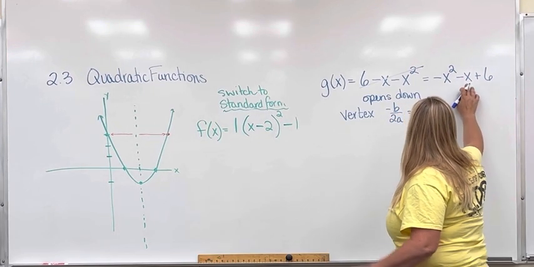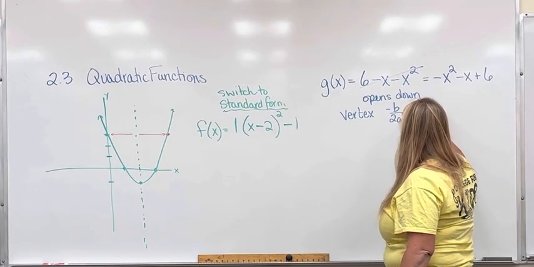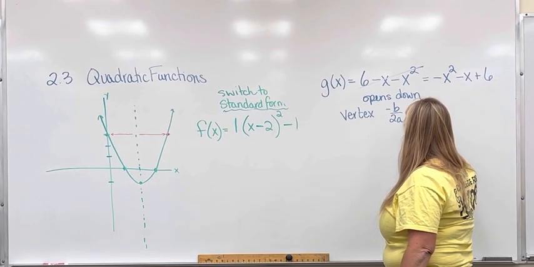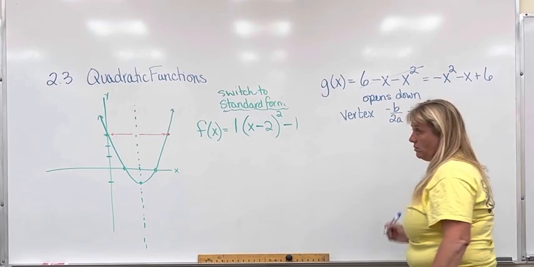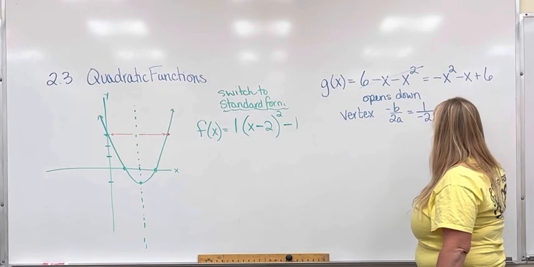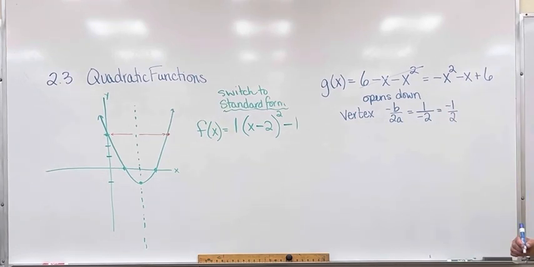So this time, our negative b is going to be positive 1, over 2a, which is negative 2. Everybody agree? So we're actually going to have negative 1/2 for the first coordinate of our vertex.